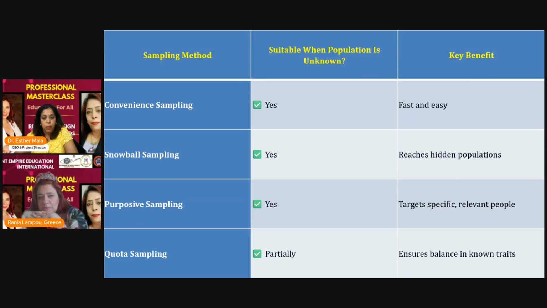And quota sampling partially, because it ensures balance in known characteristics. So if the goal is exploration or qualitative insights, then snowball or purposive sampling is ideal. If you need broad opinions quickly, then convenience or quota sampling may work best.